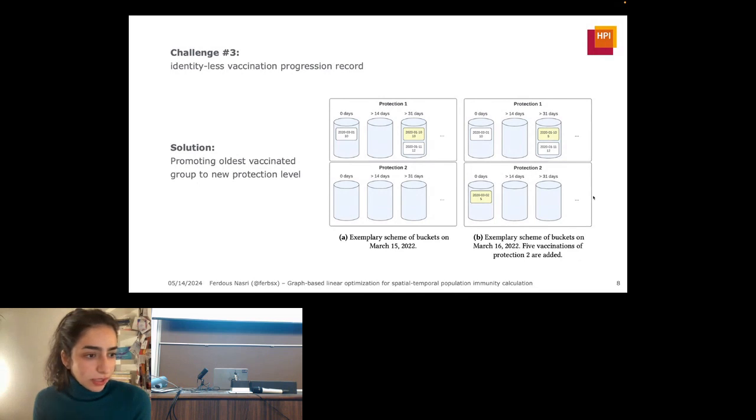And we had to make an assumption here, and the assumption that we made was that the person with the oldest vaccine is the one to receive the next vaccine. So here you can see with the buckets, when we know that 5 other people have received a second vaccine or booster, we would take them from the oldest bucket that we have and put those people with an updated protection level now.